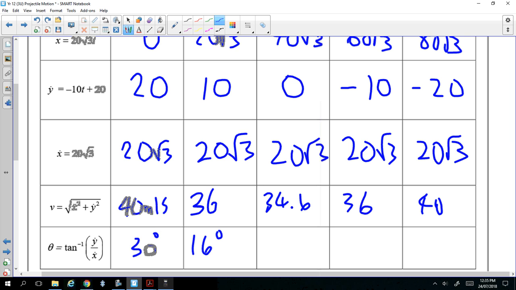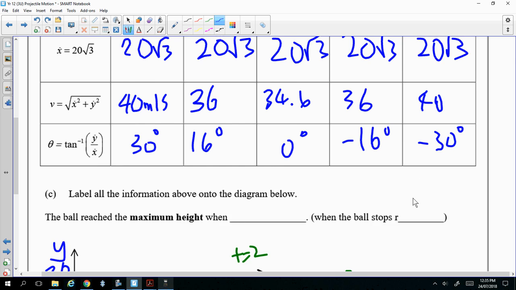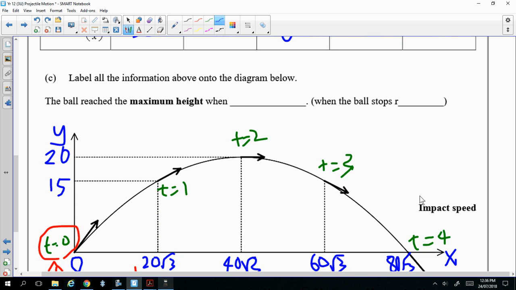So basically, it starts off at 30 degrees at 40 meters per second. The next one becomes 36 meters per second at an angle of 16 degrees. And then after that it becomes 34.6 meters per second.